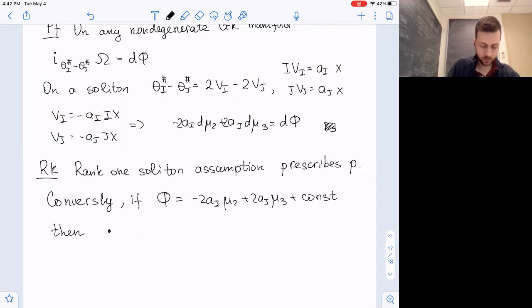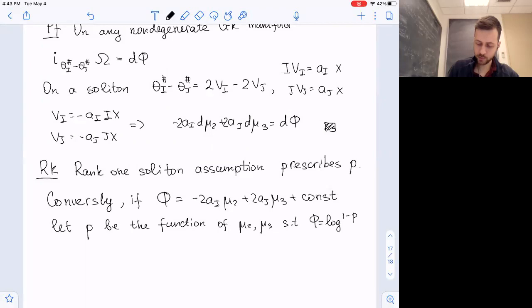Then first the form, we can write, let me be a bit slower. So let p be the function of mu2, mu3 such that phi equals log((1 minus p) over (1 plus p)). So we just invert this expression.